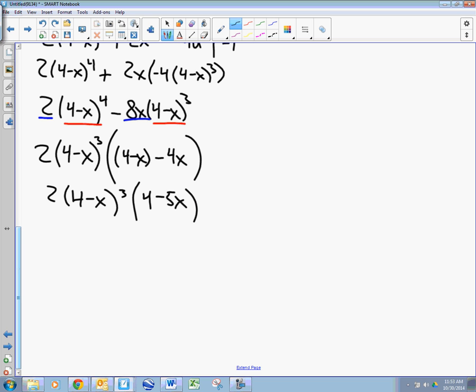Now, as you have that, can you distribute the 2 through the 4 minus x? No, but can you distribute it through the 4 minus 5x? Yes, so we've got 8 minus 10x times 4 minus x to the third power. That's a better way to write it. That's what you should do.